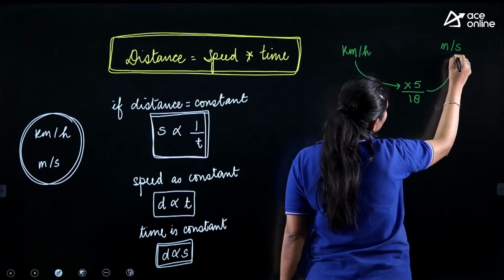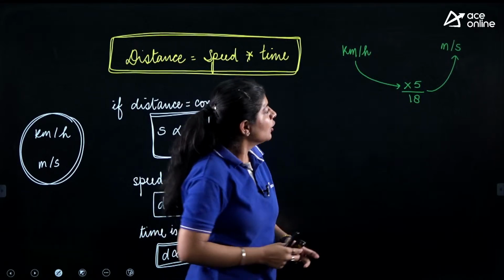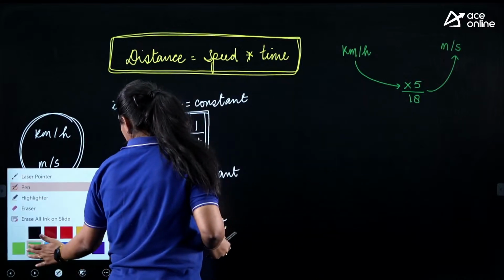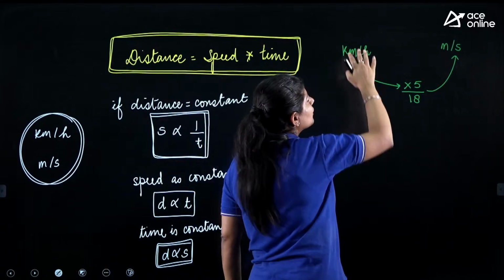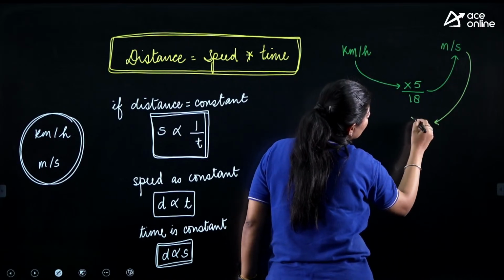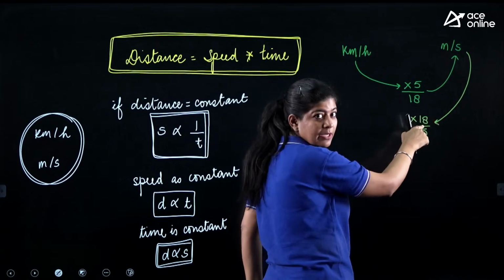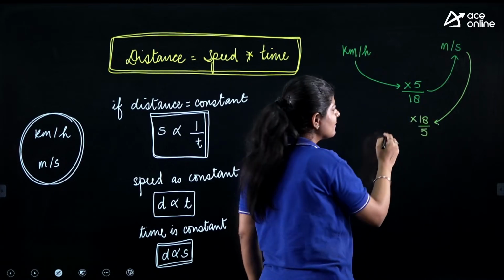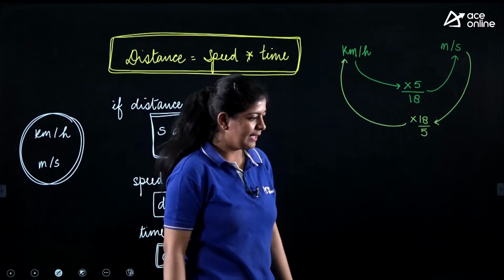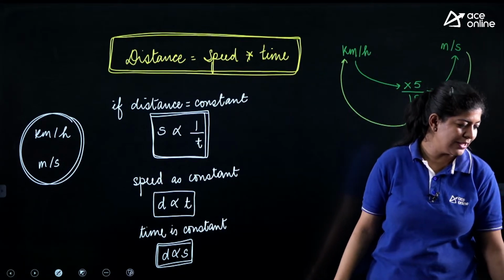So you multiply the kilometer per hour by 5/18 to get the answer in meter per second. And if you want to convert meter per second into kilometer per hour, that means we are converting a smaller unit into the bigger one, so we multiply by the bigger number and divide by the smaller one, and we can easily convert it into kilometer per hour, right? So these are the few conversions that we need to keep in mind while solving the questions.